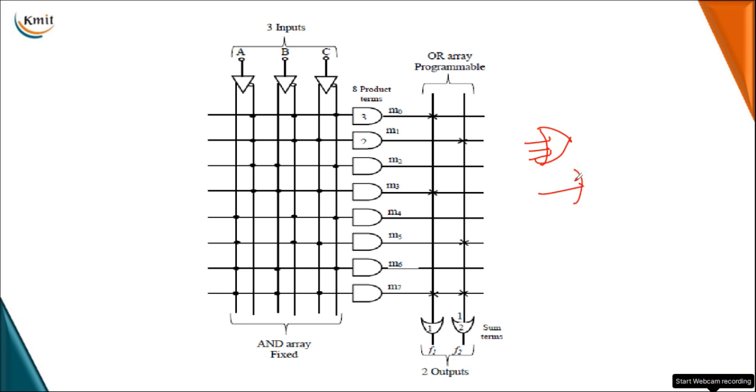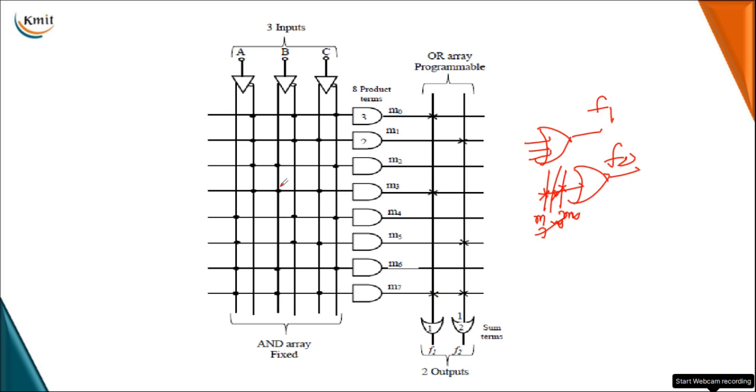So like this we have given a single input line, and three perpendicular lines, one from M1, the other from M5, and the last one from M7. So like this it can implement your function F2, and the first OR gate will implement your function F1 if you connect your M0, M3 as well as your M7.